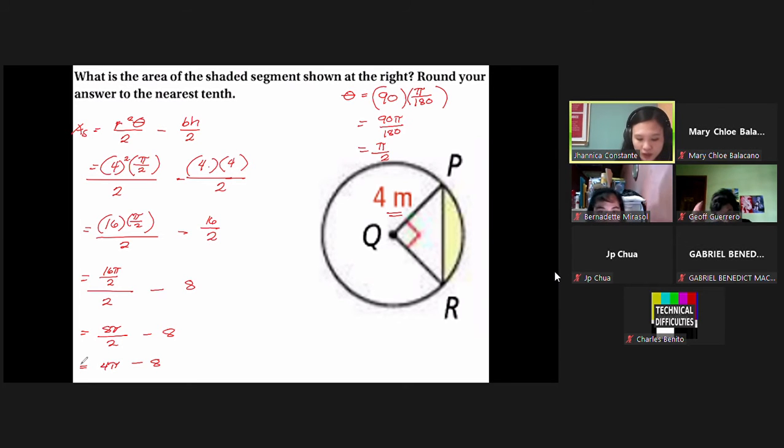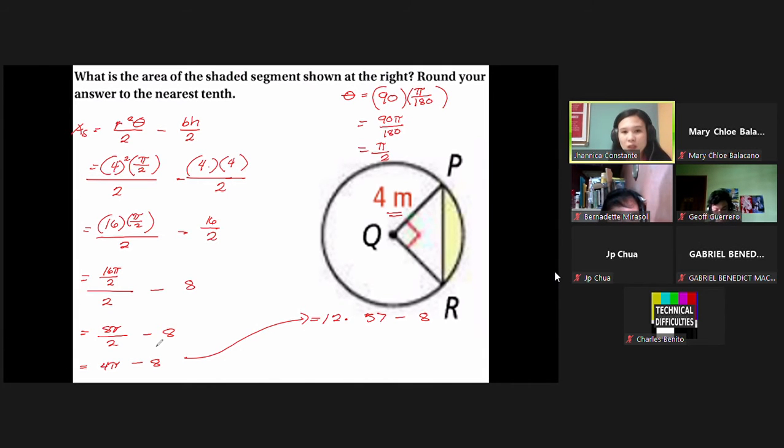So 4 times the exact value of pi. So we will be having 12.57 minus 8.